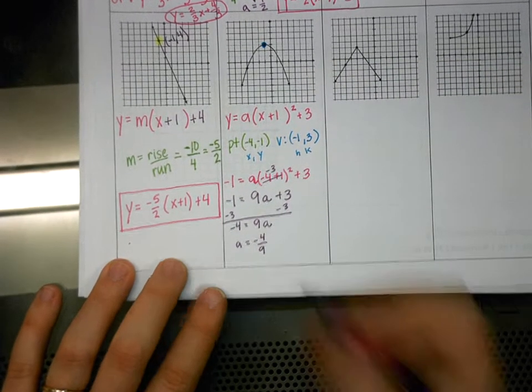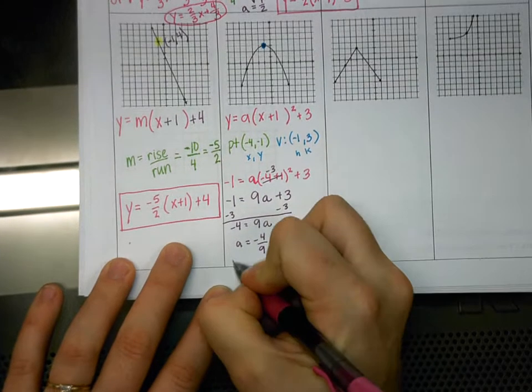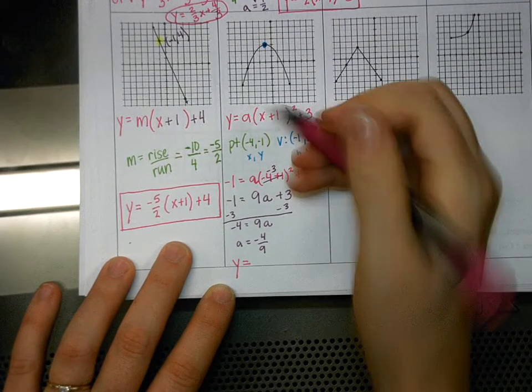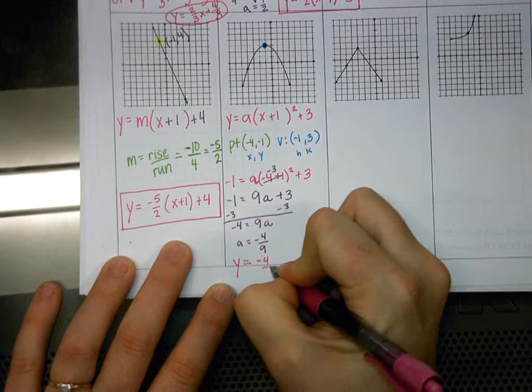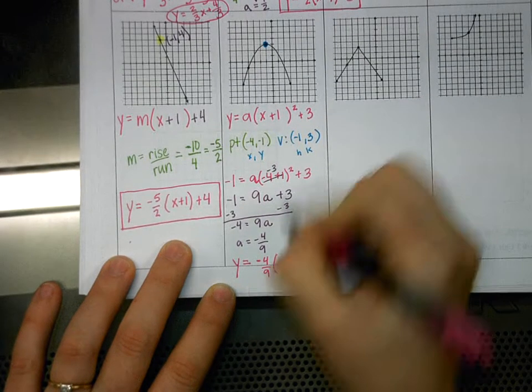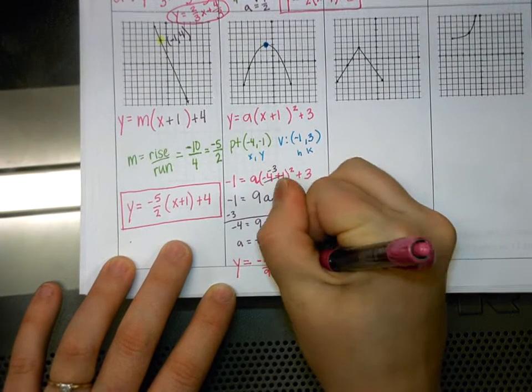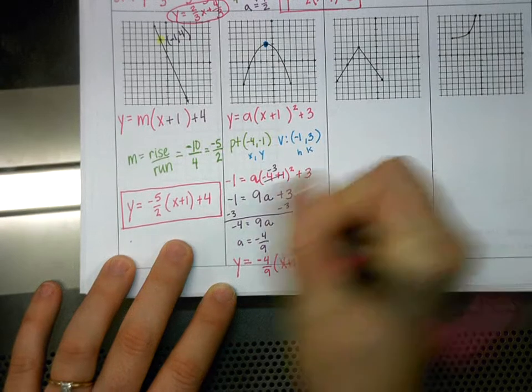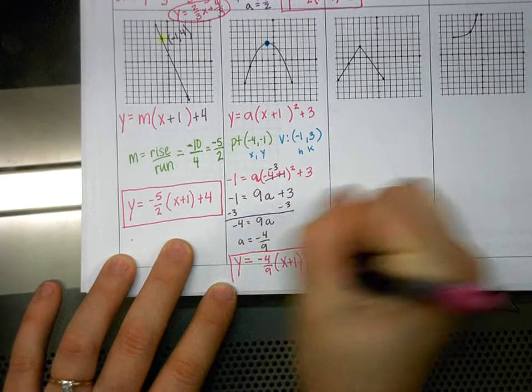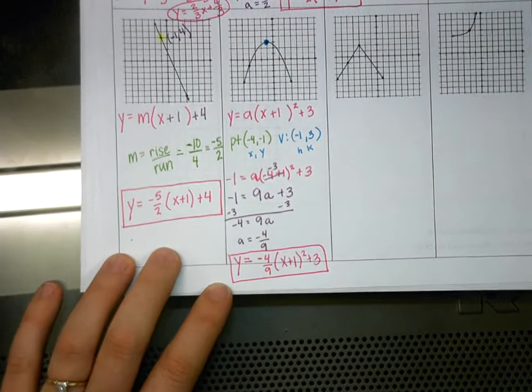Okay, so when I write my equation out, I put that a value in, -4 over 9. I still have (x plus 1) squared plus 3. Questions on writing an equation in quadratic form?